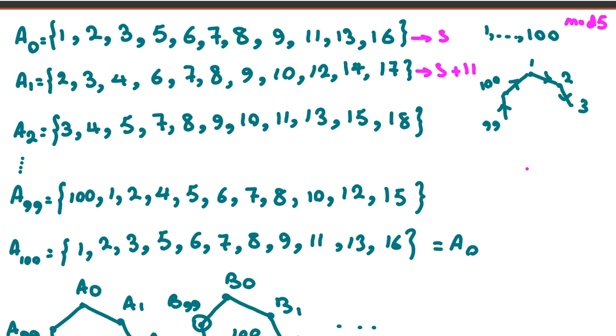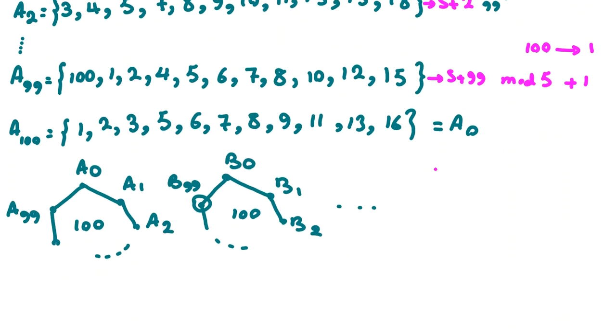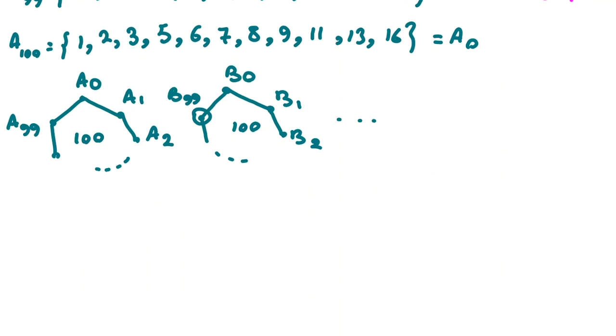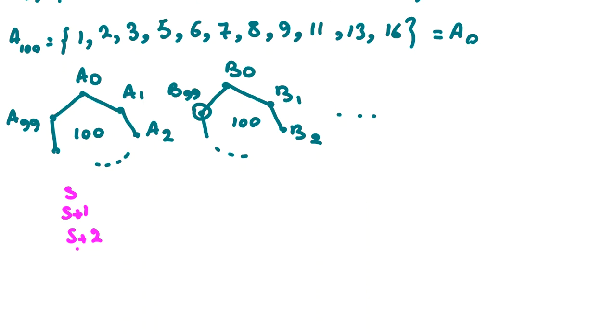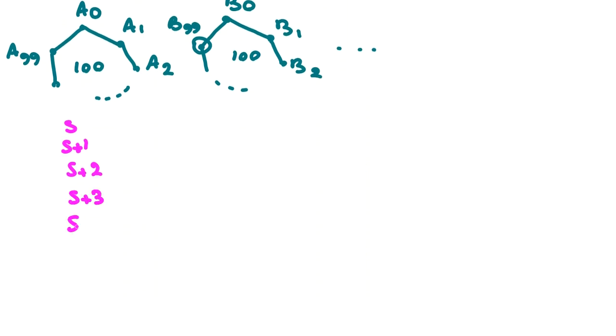Even if 100 goes to 1, since 100 mod 5 is 0, all elements are effectively added by 1, so mod 5 it will be S plus 1, S plus 2, and we continue up to S plus 99. Now if we consider the sum mod 5 for each part, A0 to A99, we have S plus 1, S plus 2, S plus 3, S plus 4, S plus 5.